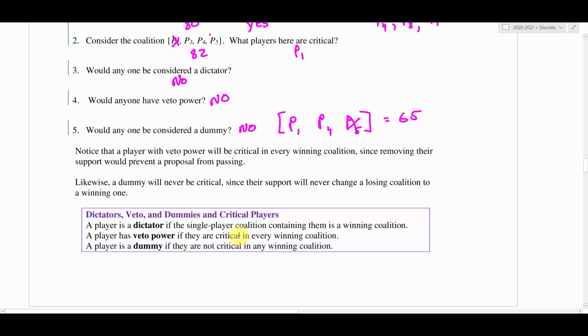So if you were to make a list of all the winning coalitions, if there is a player that is critical in every single one of them, that player has veto power. And then the last one, a dummy, right? If there's a player that's not critical in any winning coalition, they are considered a dummy. So if you can find even just one coalition where they are critical, they're not a dummy.